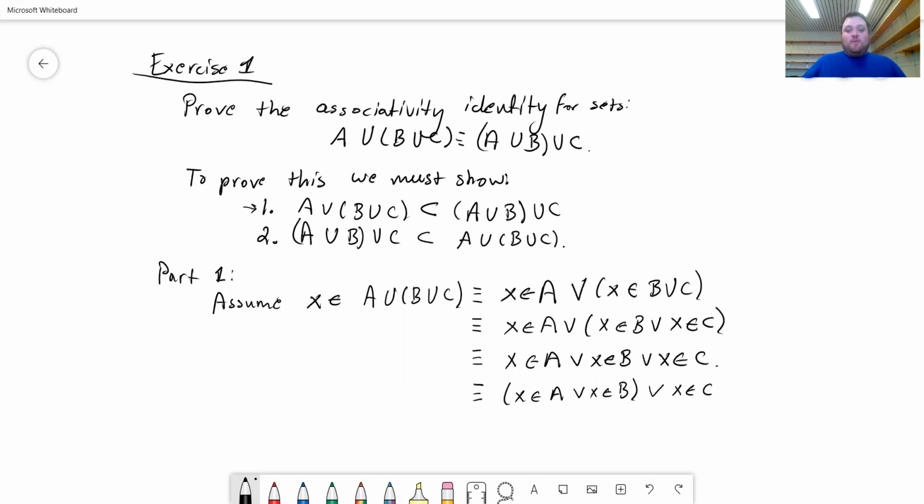We're going from ors and X as an element of individual sets back to using unions. So this is equivalent to X is an element of A, or X is an element of B union C.